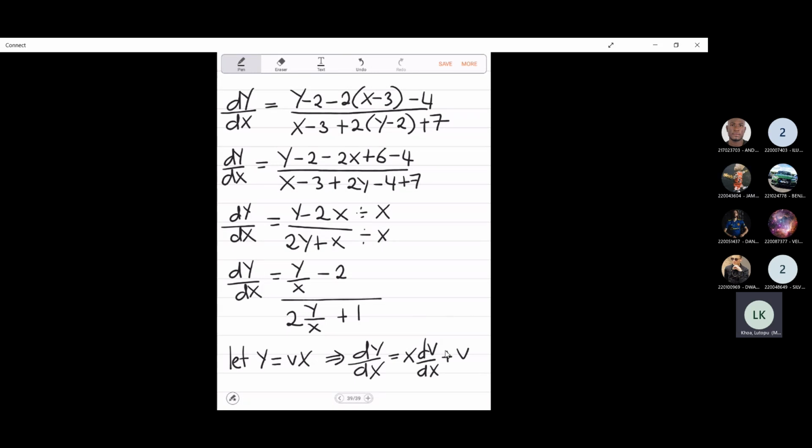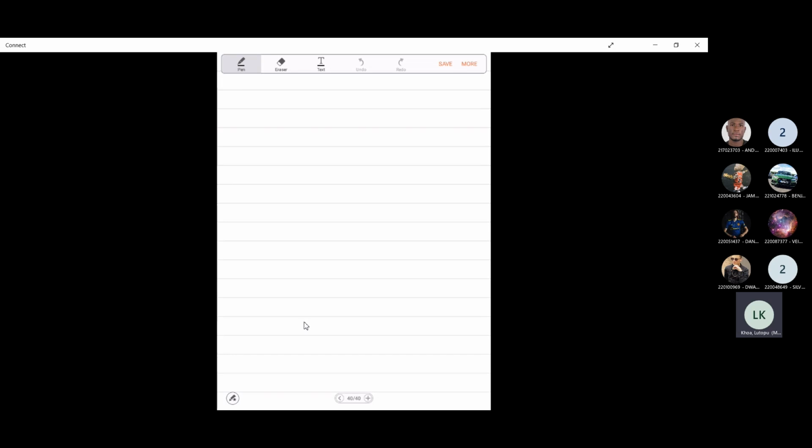And now we will substitute this over there, replace this with V, replace this with V, and then we have a separable differential equation.